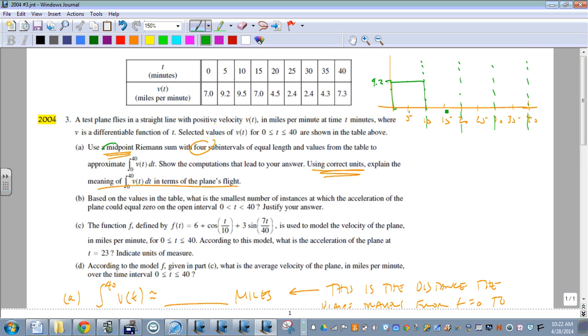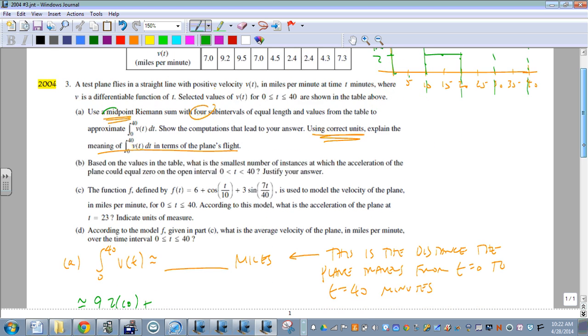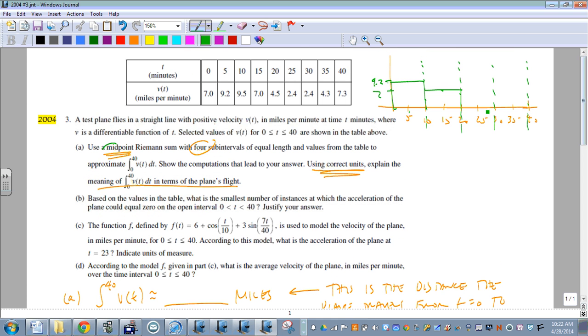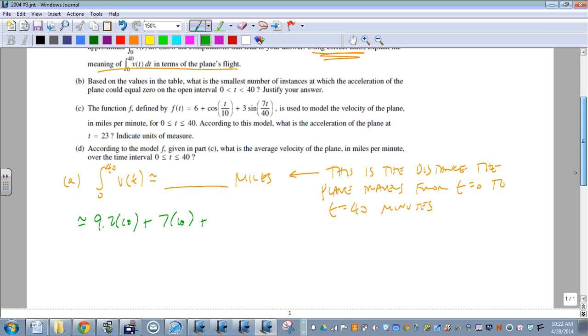Our second rectangle is going to have a height when t is 15, so that's going to be at 7. Right, that's the height of our rectangle. So we're going to have 7 times 10. When t is 25, velocity is 2.4. That's going to be the height of that rectangle. 2.4 times 10.